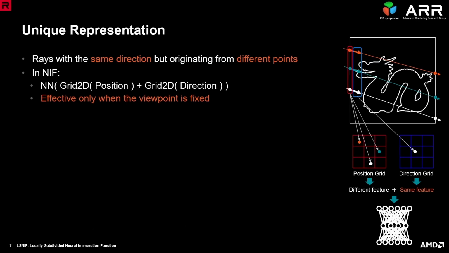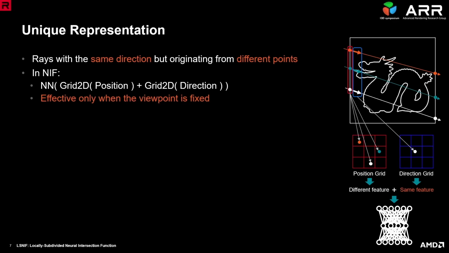These three different rays, orange, blue, and white, are actually different, but they share the same direction. So the output from the direction feature grid, this blue grid, is the same for these three rays, which makes it difficult for the MLP to distinguish these features.